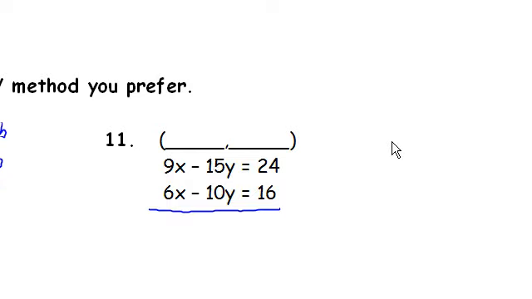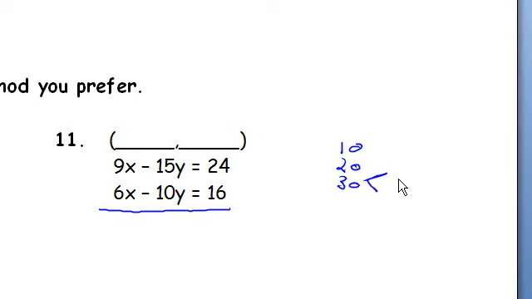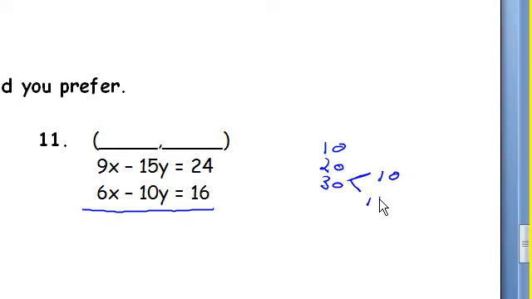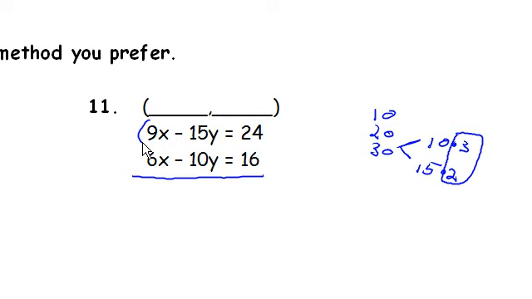So let's start counting by tens. 10, 20, 30. 10 and 15 both go into 30. 15 times 2 is 30, and 10 times 3 is 30. So we can multiply one equation by 3 and the other equation by negative 2, and I'll show you that.